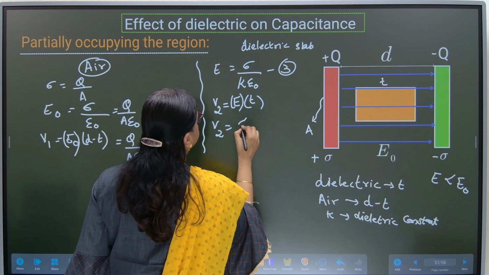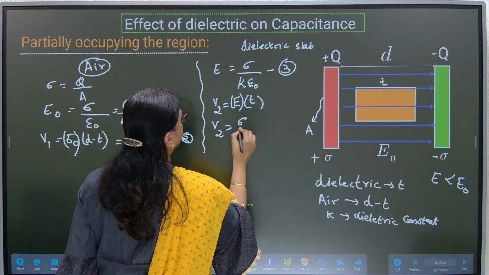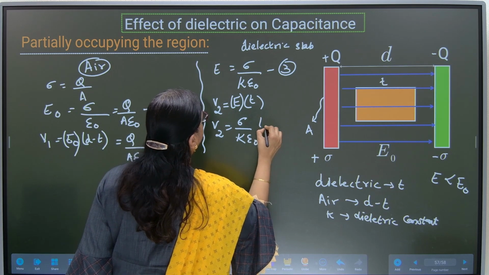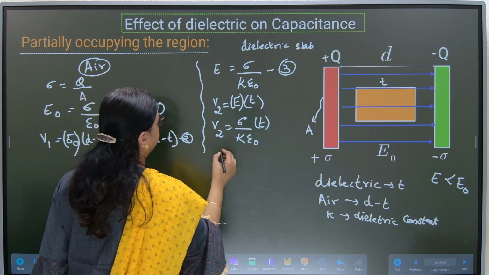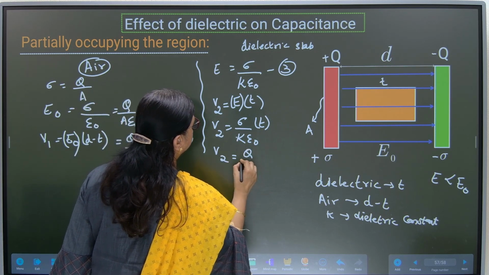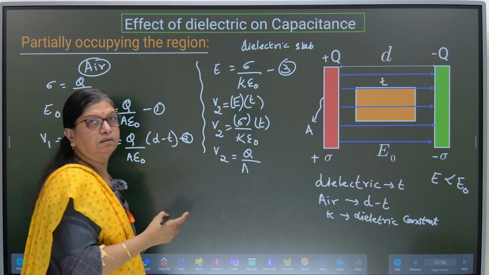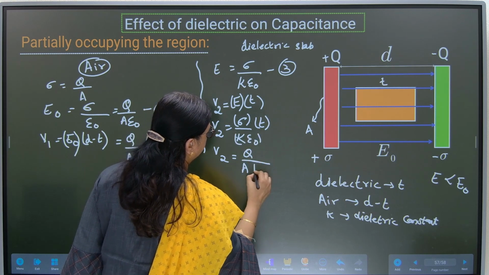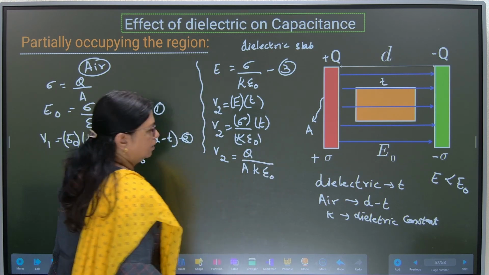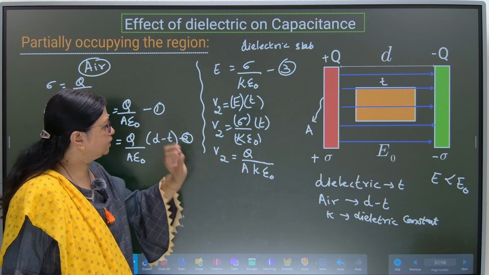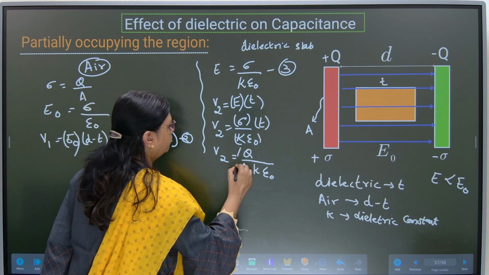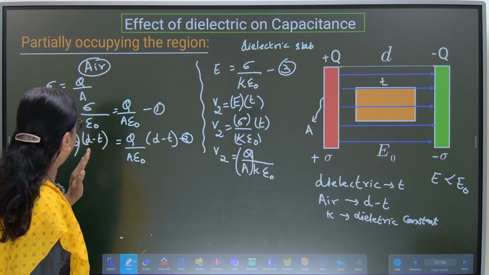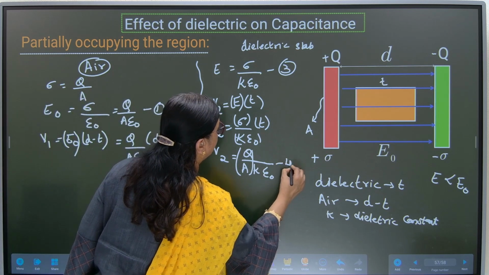We write sigma upon K epsilon naught, times T. Here for sigma we can write Q upon A. So I have substituted sigma is equal to Q upon A, and K epsilon naught I have written next to A. So I have equation number 4.